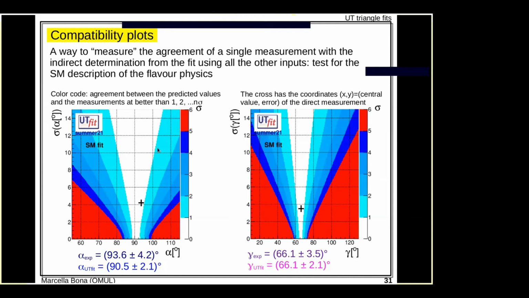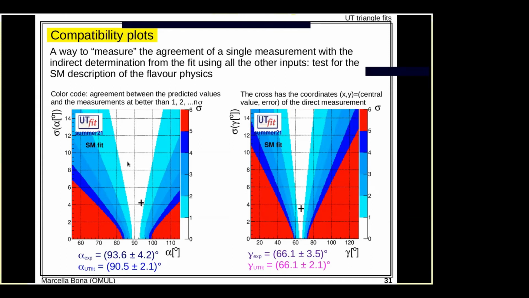So if you plot this with a given global fit, without using, for example, the alpha input, then the alpha experimental input is at a point where here you have the error on this input, and here you have the central value.